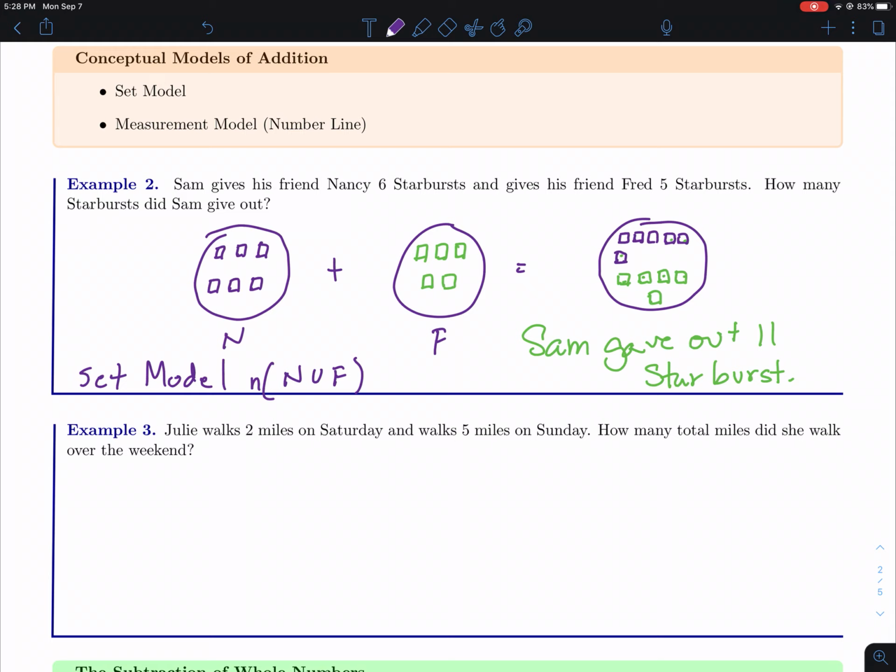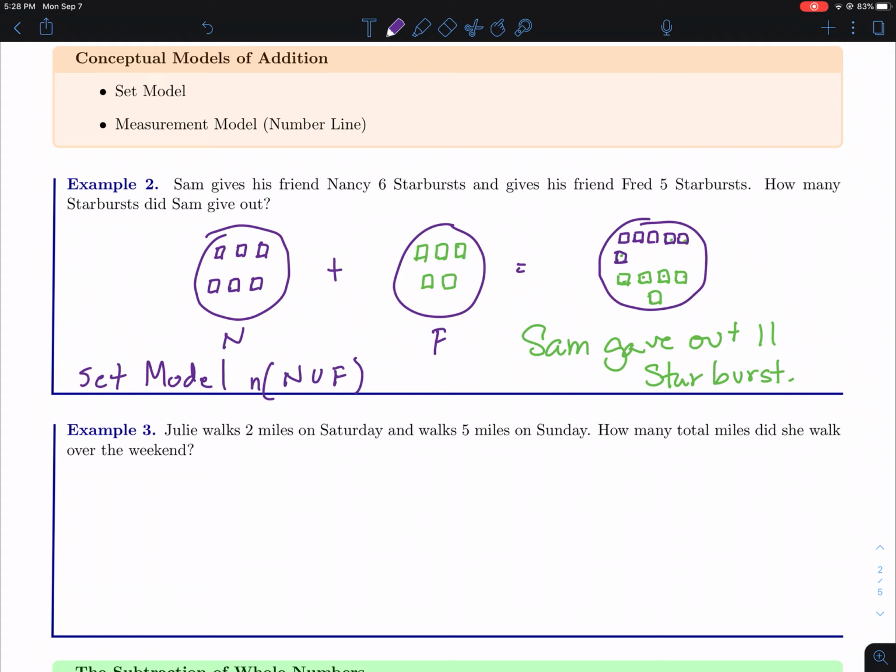Don't just write down 11. That's not what I'm looking for. I'm looking for a demonstration of the model, because eventually you're going to be teaching this to other students, and how can we help them better understand addition. Any questions, just let me know.